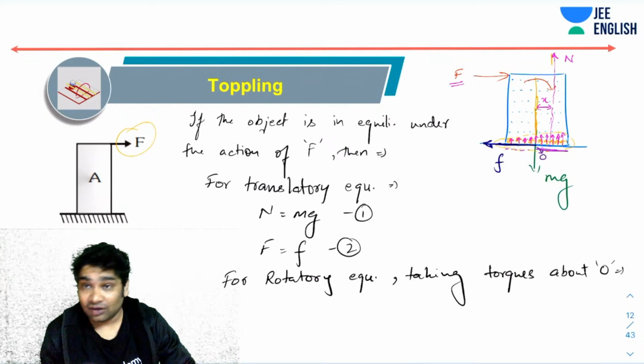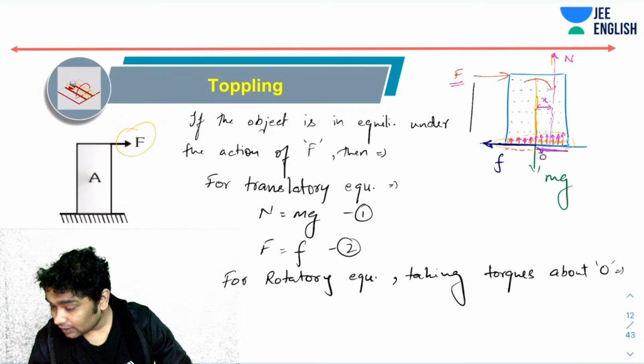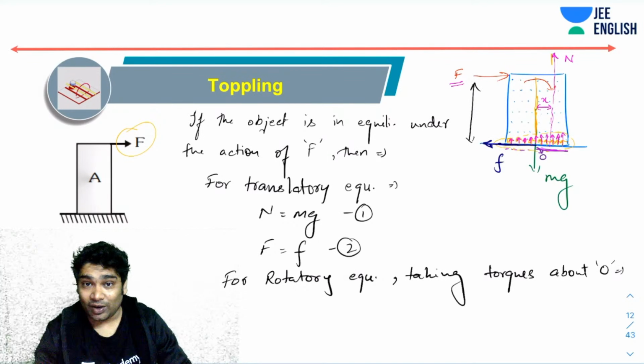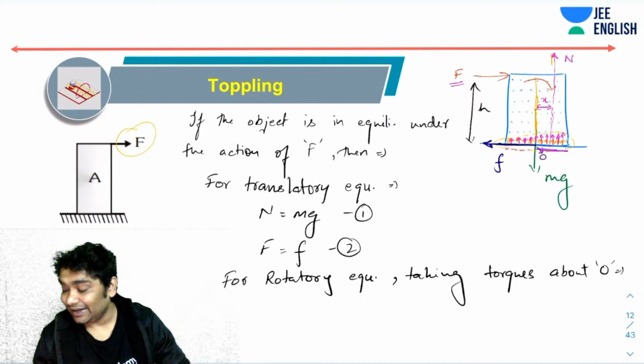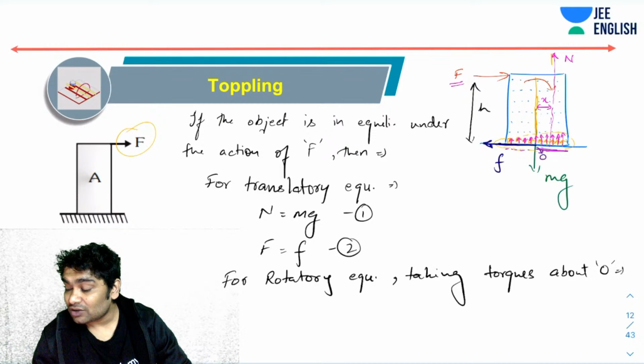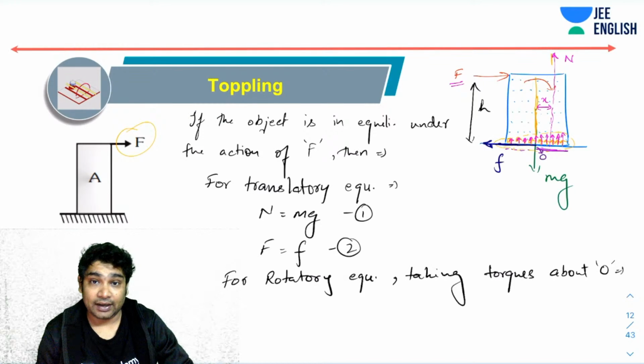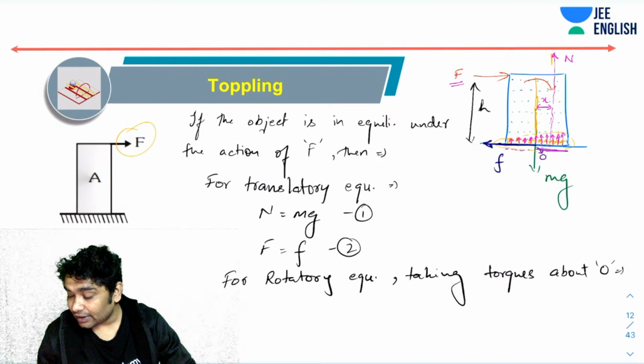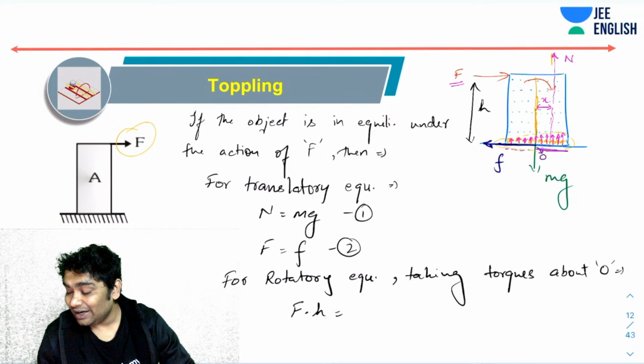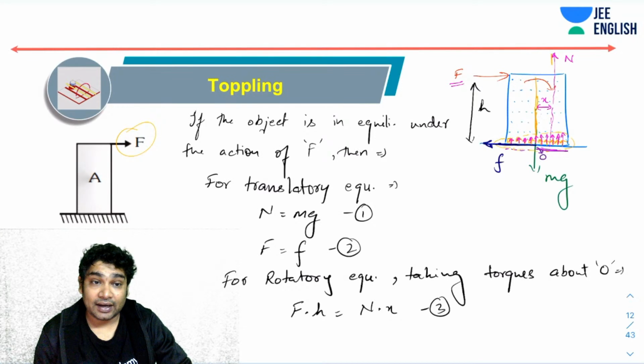Whatever torque F is producing is a clockwise torque, right? If this is acting at a height h, then this clockwise torque would be balanced by the anticlockwise torque that the N would be providing, correct? So the equation that I can write is F times h must be equal to N times x. Now this will be my equation number 3, right?